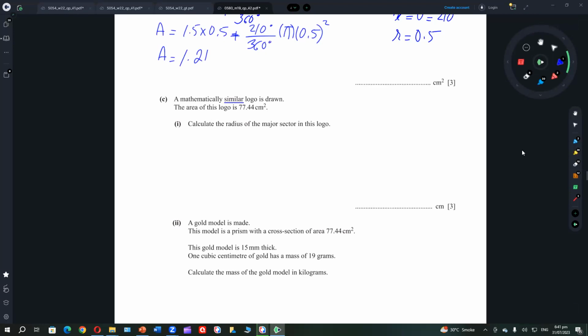Notes, similar figure area, ratio of areas. For the area, it's gonna be area 1 divided by area 2 equals length 1 divided by length 2, whole square. Good.